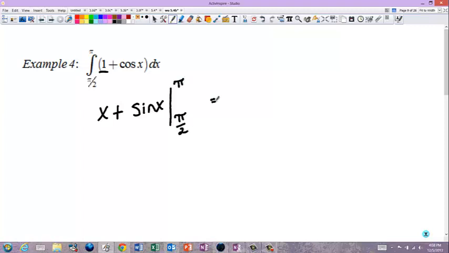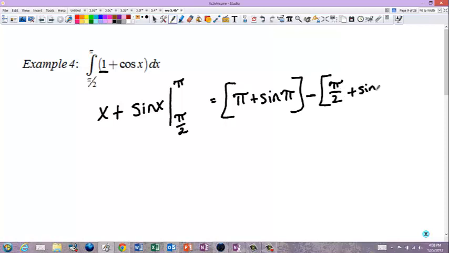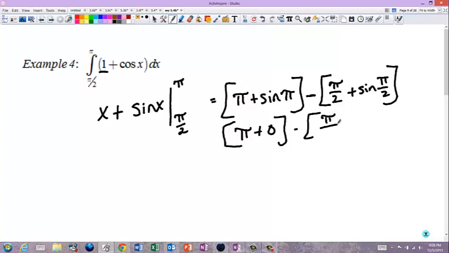So you're going to get, you fill in the pi, then you fill in the pi over 2. Sine of pi is 0. Sine of pi over 2 is 1.